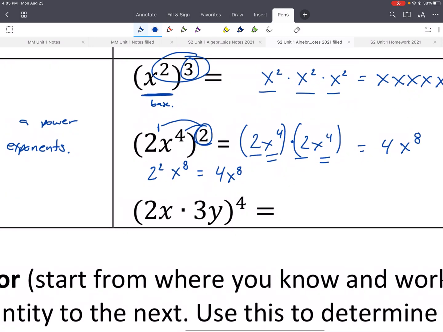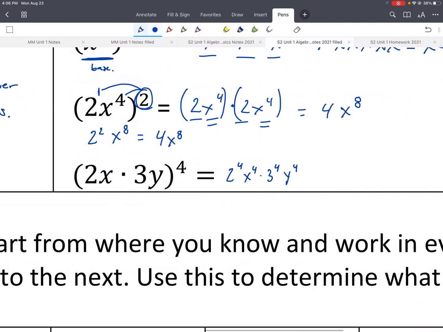Okay, so here's another one. Again, this would be 2 to the 4th, x to the 4th times 3 to the 4th, y to the 4th. And then we could use our calculators to figure out what that is. And again, this x and this y can't be combined.